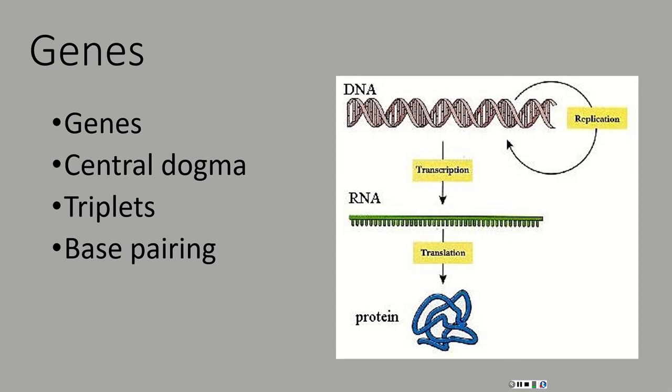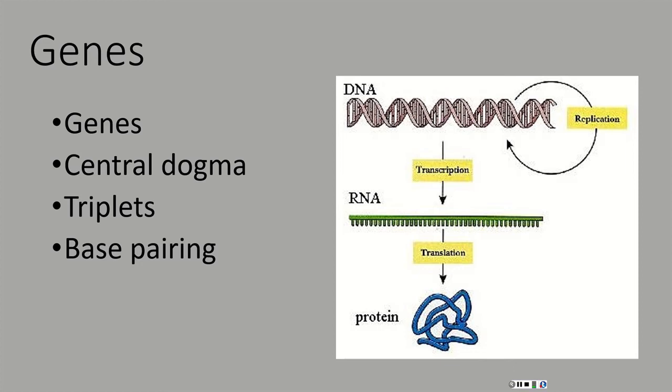DNA to RNA to protein. Well, what does that mean? We take DNA, we make a copy of it as RNA, and the RNA is read to make protein. Every living thing on the entire planet follows this exact scheme.